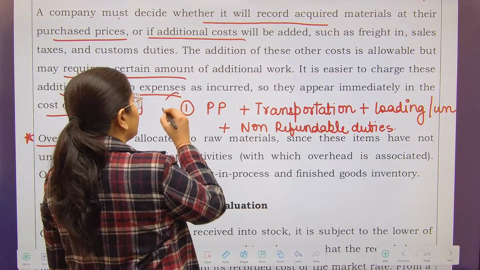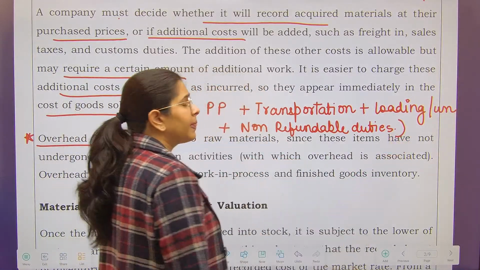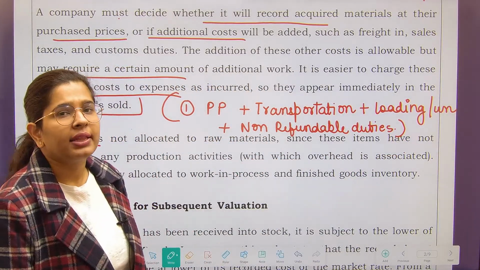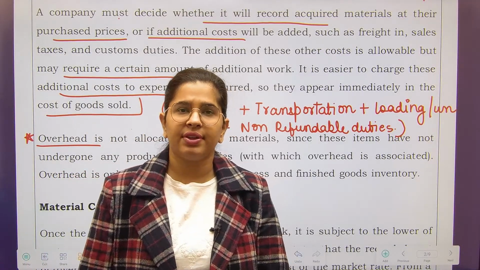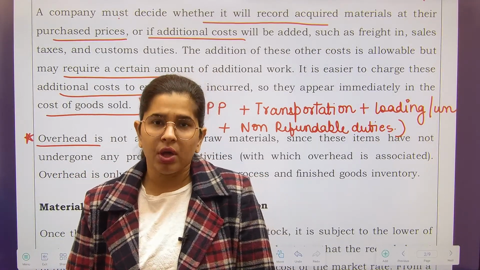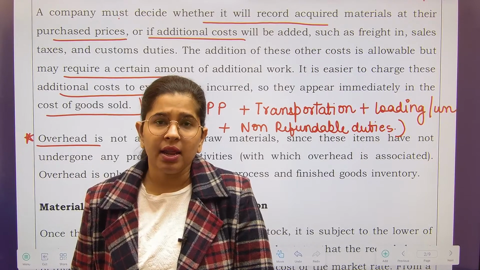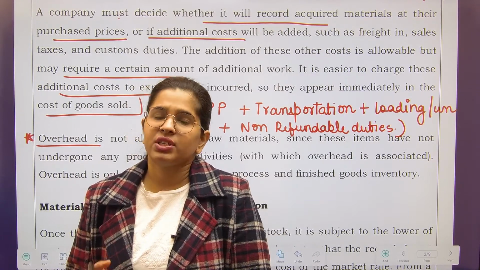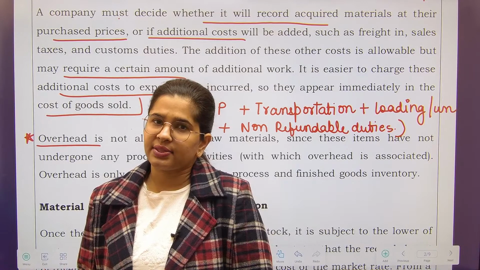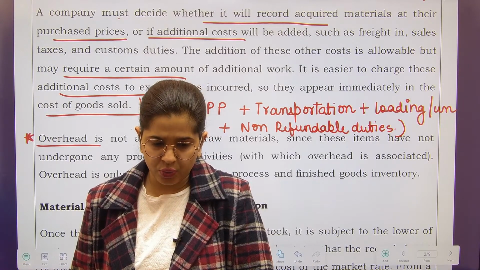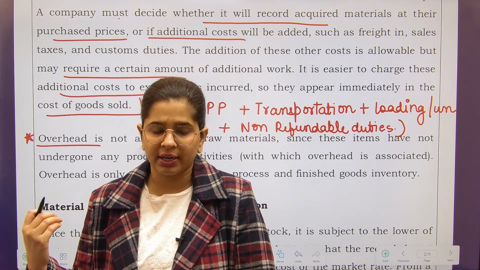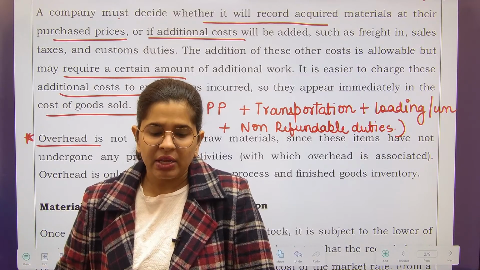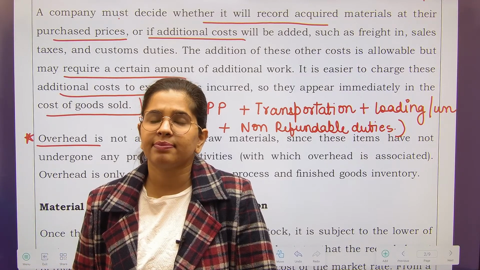So that is how you will find out the total inventory valuation. I am repeating this statement again. This is the statement which is followed in accounting standards as well. We have studied AS 2 and this is what is followed under CAS 6 as well, right? So there is not much of a difference between these.